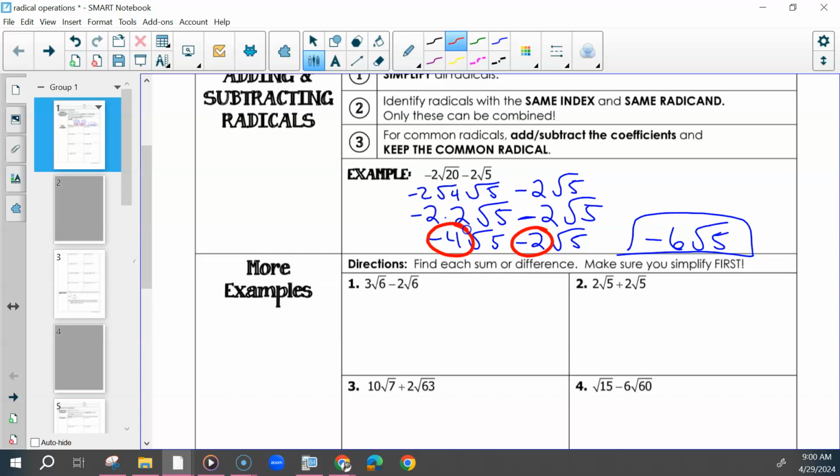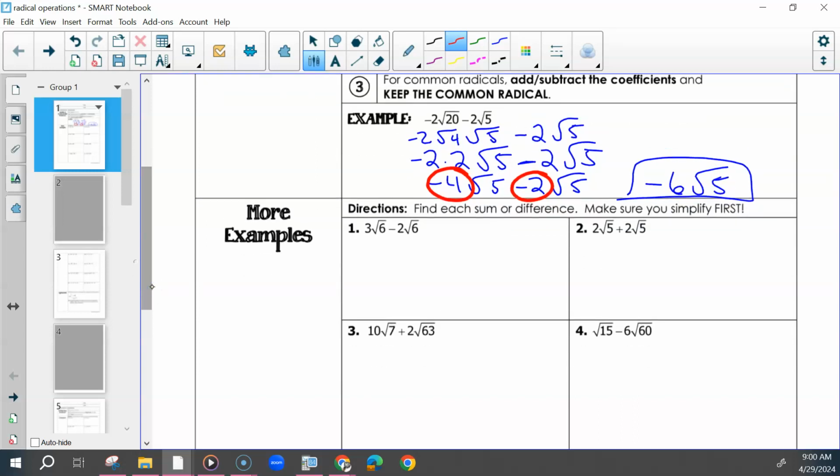So then, what would the answer be for number 1? 1 times the square root of 6, or just root 6, the square root of 6, because 6 can't be simplified more. What about number 2? 4 times the square root of 5, or 4 root 5.